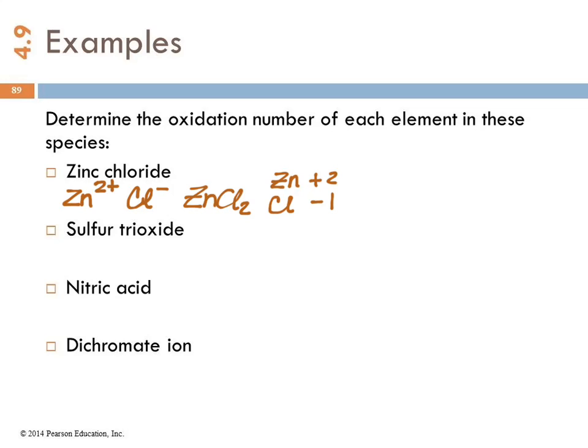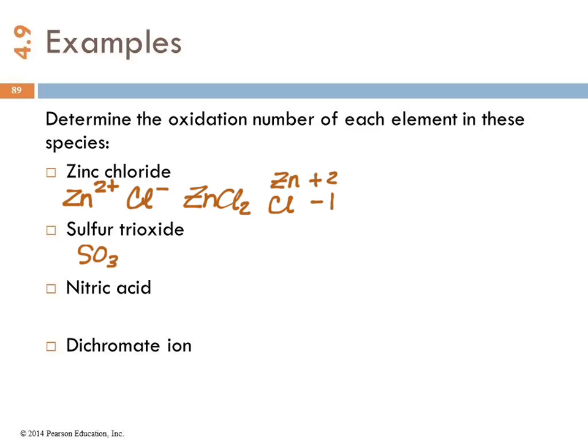Sulfur trioxide. What kind of compound? Molecular. 2 nonmetals, sulfur and oxygen, and that tri is a dead giveaway, molecular compound. So this is SO3, right? So this dumps us to rule 5, where we look at the nonmetals as fluorine, hydrogen, oxygen are getting their way.